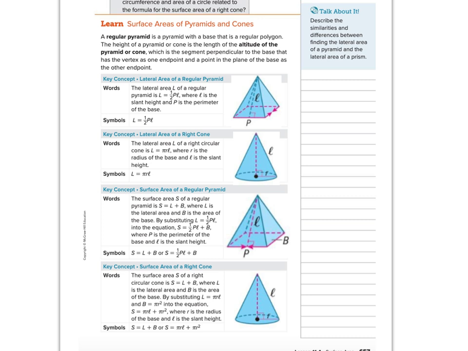So here, the lateral area would be calculating the perimeter of the base, and then multiplying times the height times 1/2. As you can see, the lateral area of a pyramid is actually 4 different triangles. For a cone, the surface area is going to be the lateral area plus the area of the base.